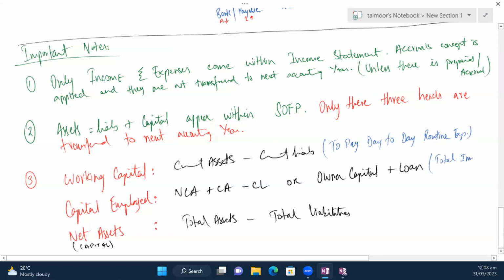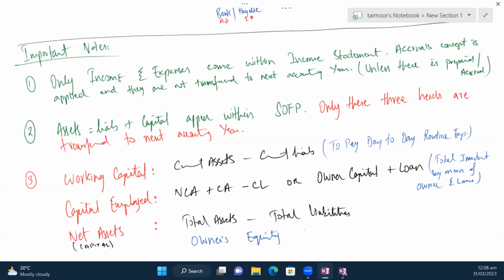Total investment by means of owner and loans in a business, and net assets is the owner's equity in the business, whatever is being owned in the business by the owners. ठीक है जी, ये तीन चीजें आपको याद रखनी पड़ेंगी. ये बेसिक चीजें हैं.